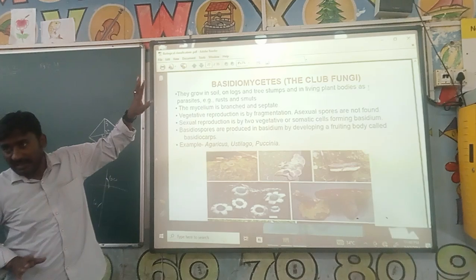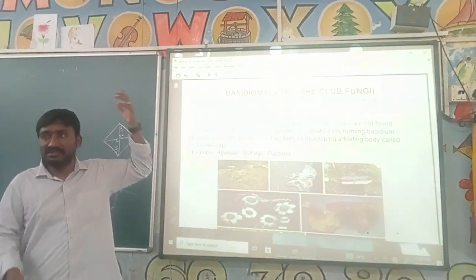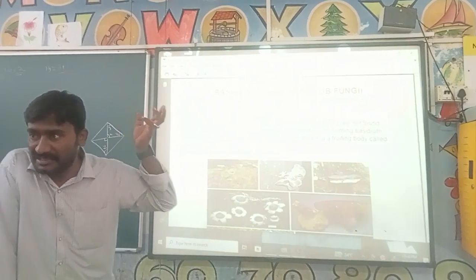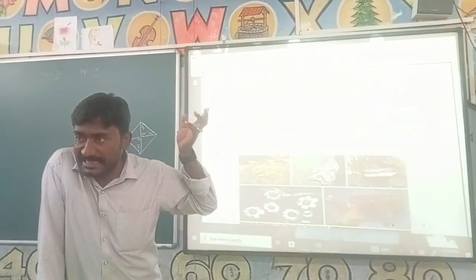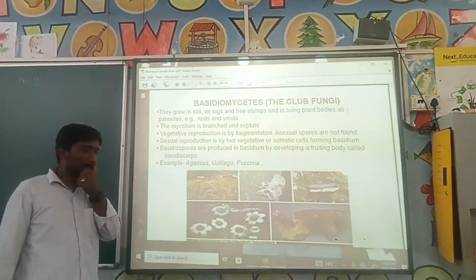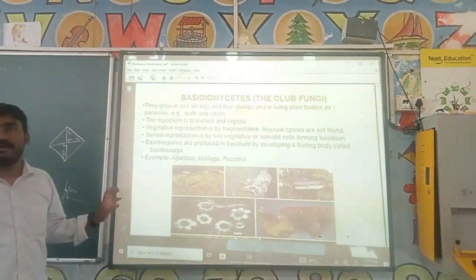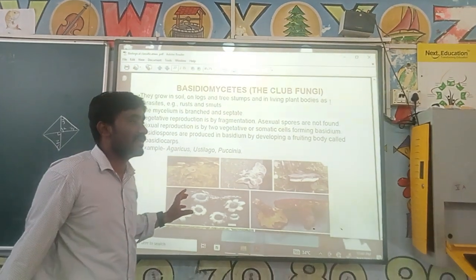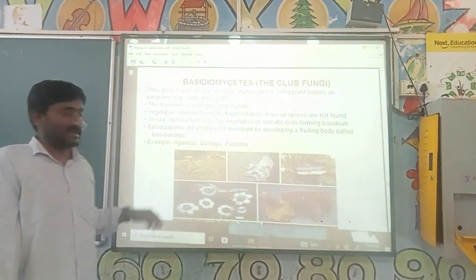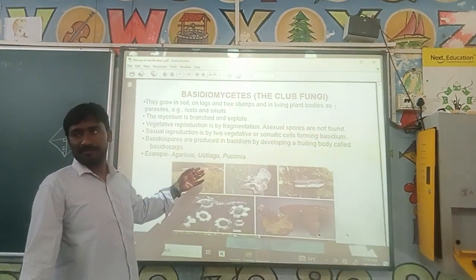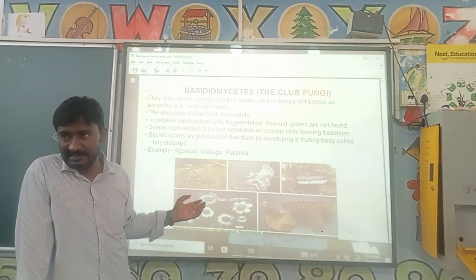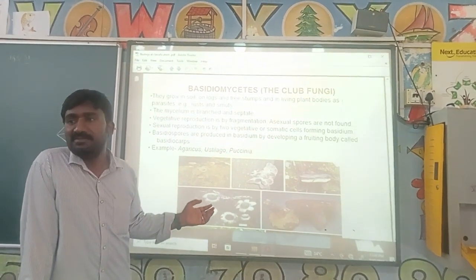Ascocarp produces ascospores, while basidiocarp produces basidiospores. Example: Agaricus, edible fungi, mushrooms. Ustilago and Puccinia, present in wheat plant.